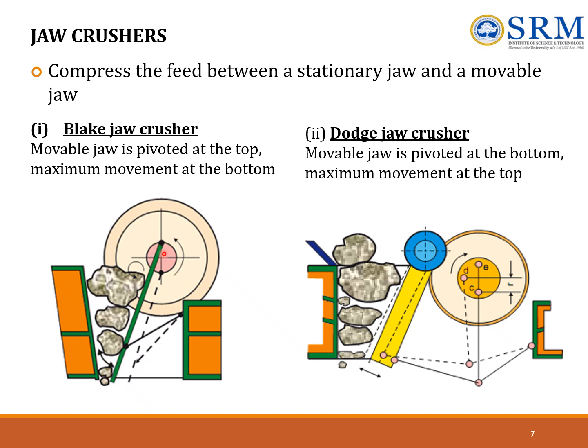You can see here that using a flywheel, the top portion is held and so the bottom portion moves freely out along with the stationary surface. In the dodge jaw crusher, the movable jaw is fixed at the bottom and the maximum movement occurs at the top. This is the primary difference between the blake jaw crusher and the dodge jaw crusher.